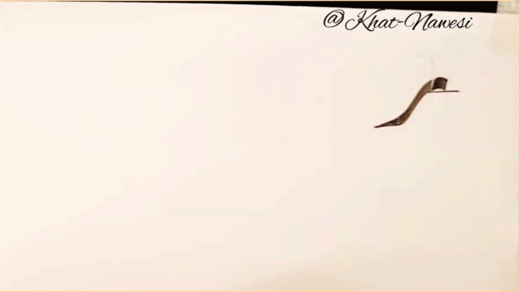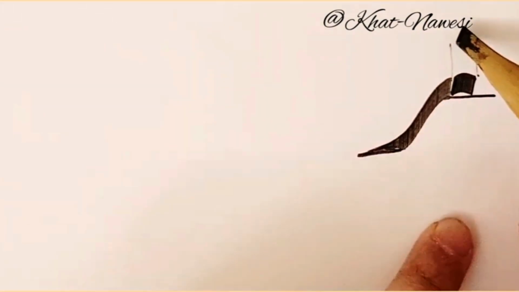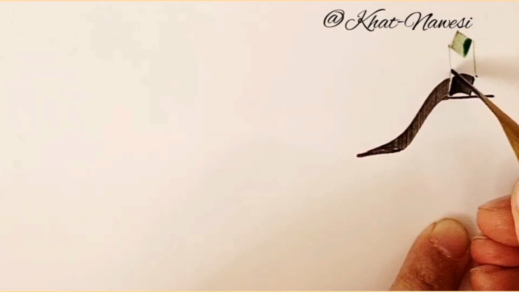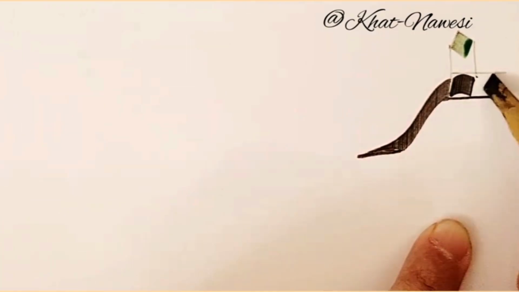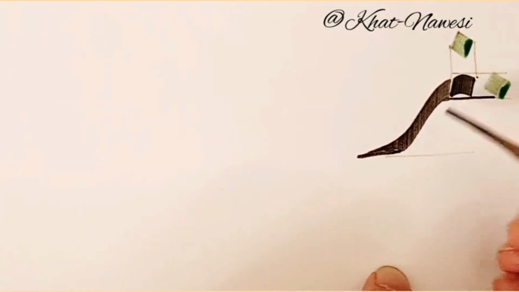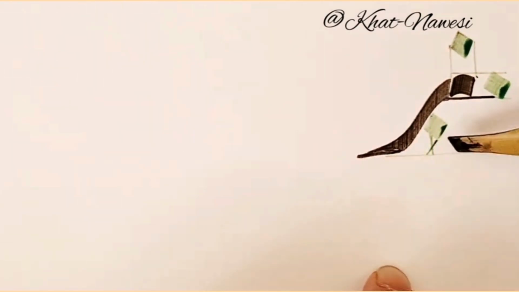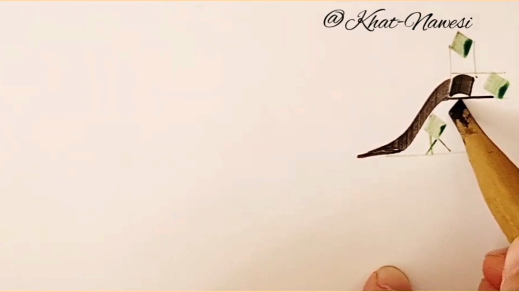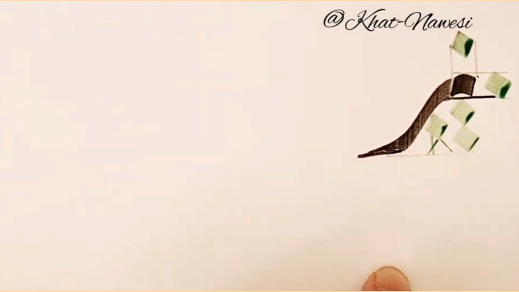This initial part is 1 nokta in width and in height. Its depth is same like daal from here, 1.5 nokta. And if you measure it from here, it's 2 noktas.